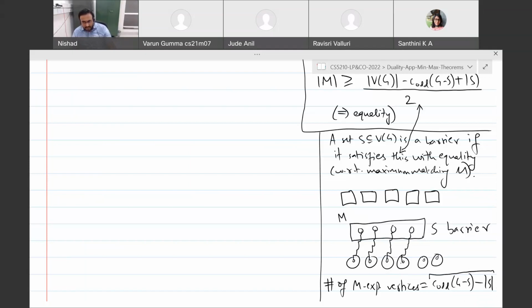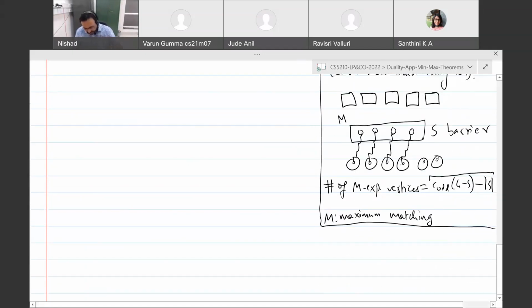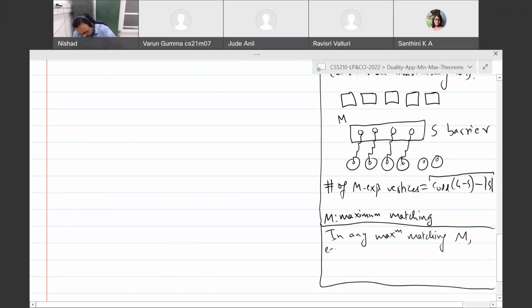Okay. So this is an observation I want to capture. In any maximum matching M, each vertex in the barrier matches with some vertex in an odd component of G minus S. And in fact, all these components will be distinct.